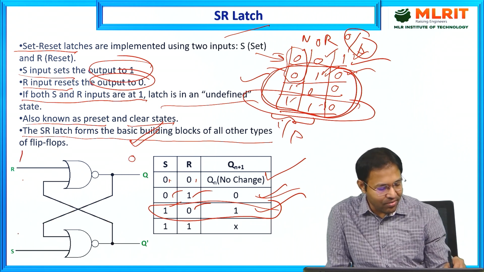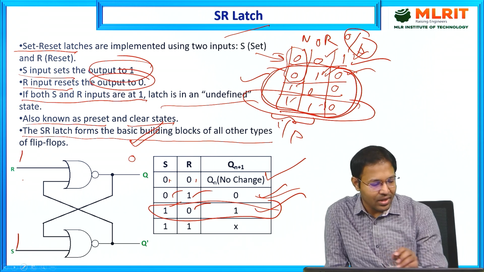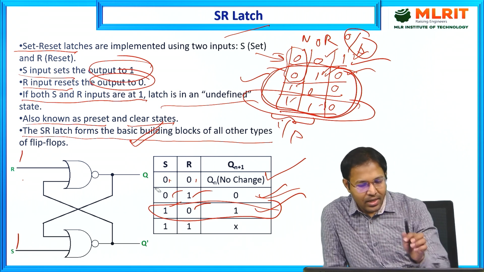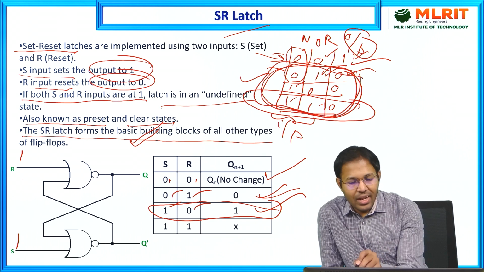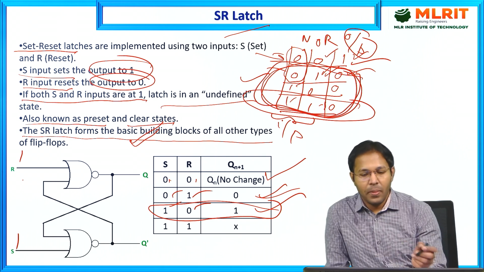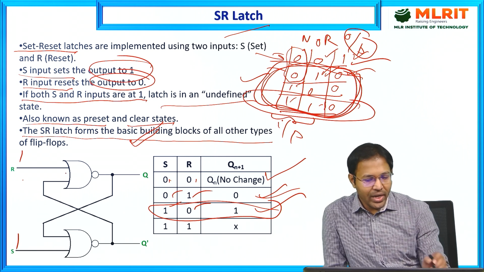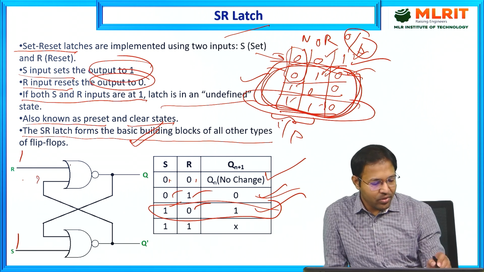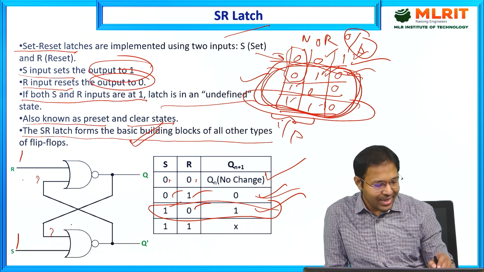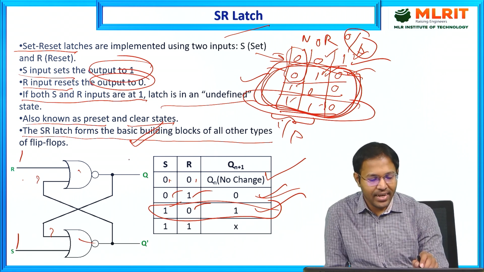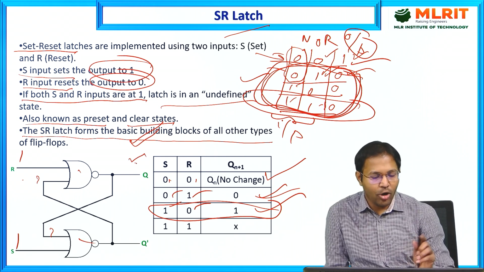Whenever we give 1, 1 here, based on the last 3 rows, when one input is 1, only if you know what is the other input for the particular logic gate, then we can identify what is the output.